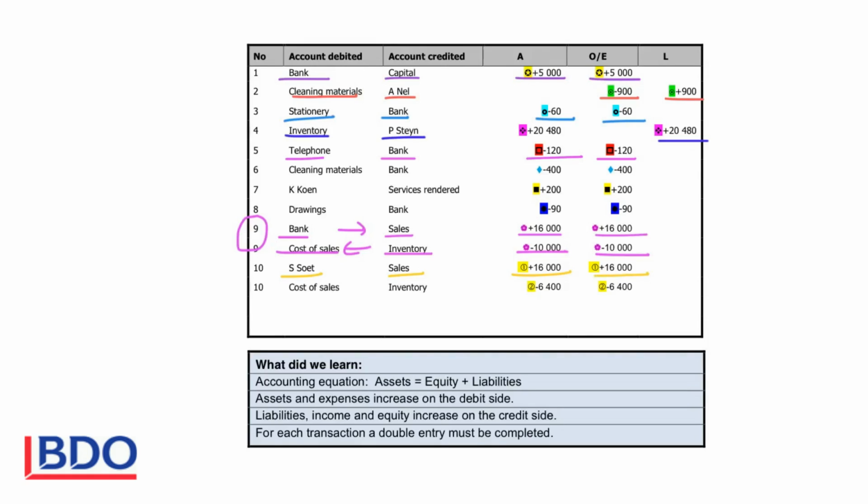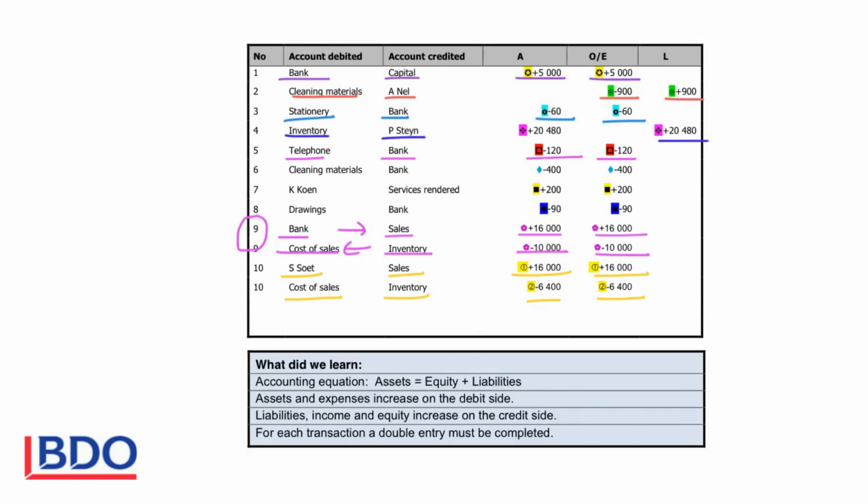We've taken the things out of our inventory, so my inventory asset decreases. The expense cost of sales is debited to increase the expense. Expenses decrease profits, so my profit will decrease with 6,400. That will reduce equity. So what did we learn today?